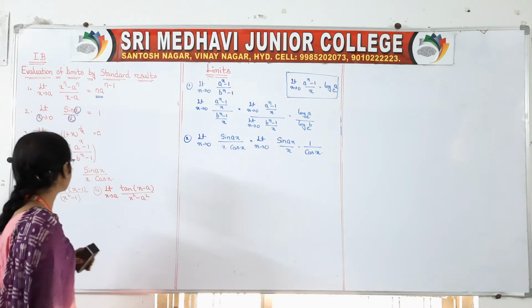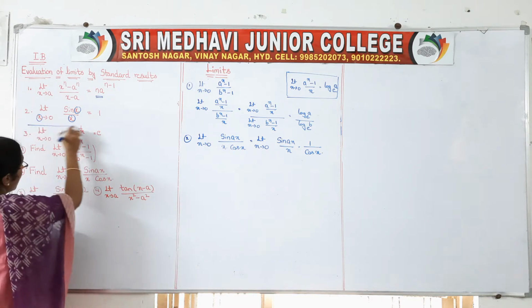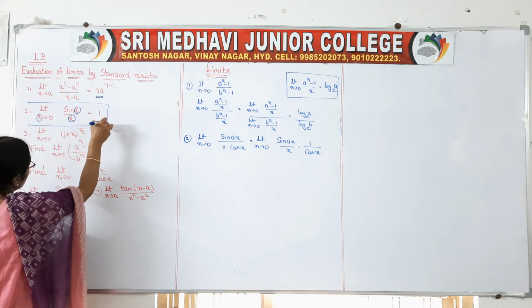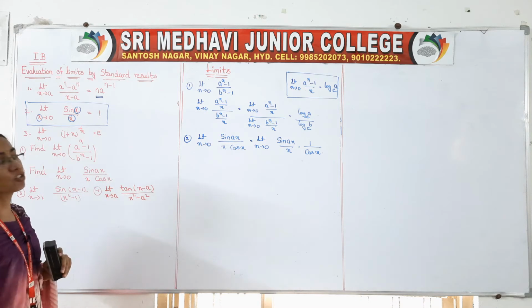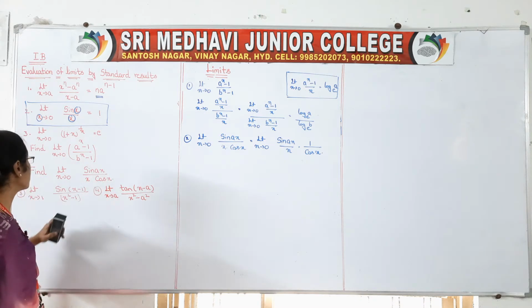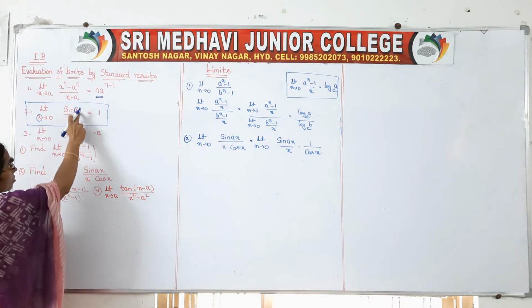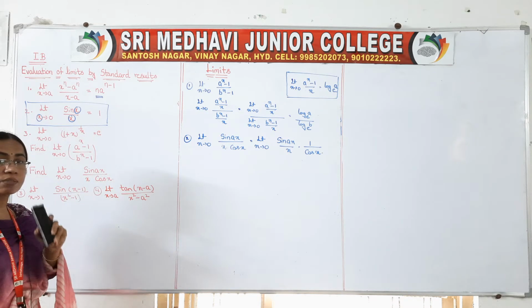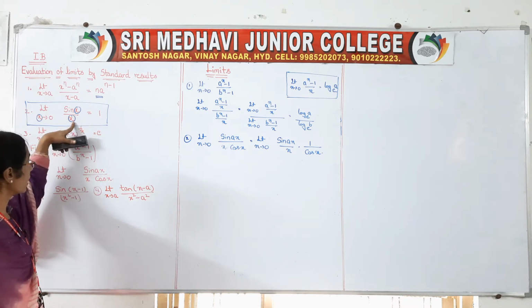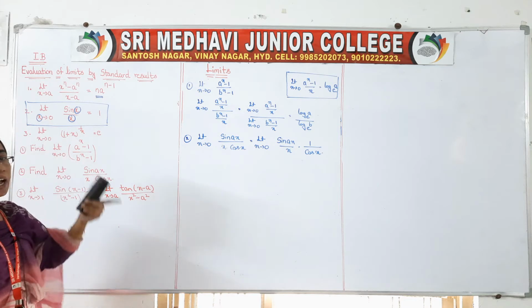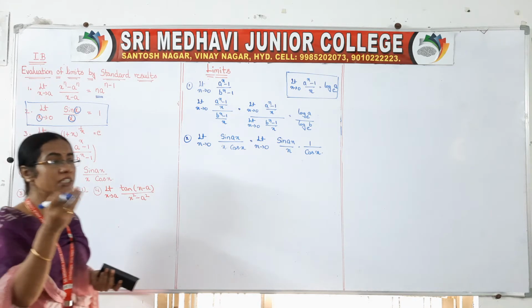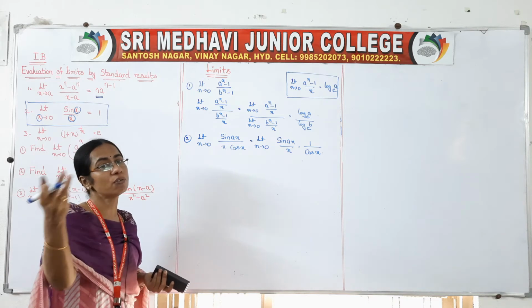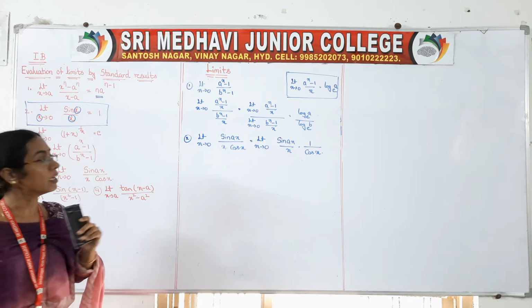Then why are we writing like this? I said we can use some standard formulas, isn't it? So this is the standard formula we are going to use in solving this problem. What is that? Limit x tends to 0 of sin x by x can be taken as 1. I said instead of x we can have any value. It is a general formula. General means instead of that value we can take any other value.